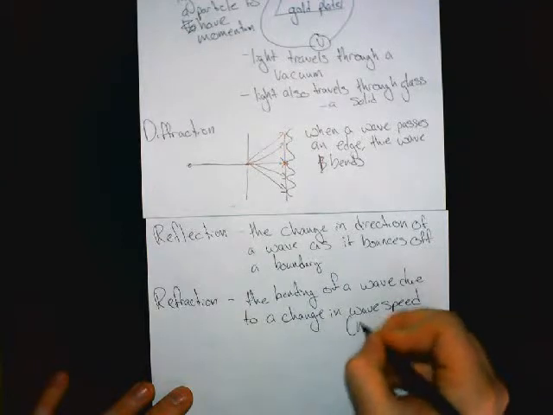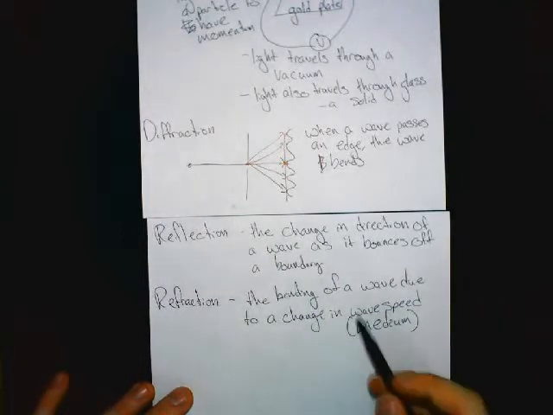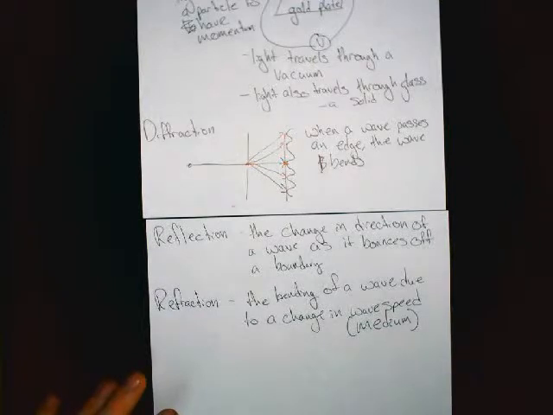So really this is due to a change in medium. As sound goes from air to water, it changes the direction in which it travels. As a rope wave changes from a thin rope to a thick rope, it angles at the transition point.